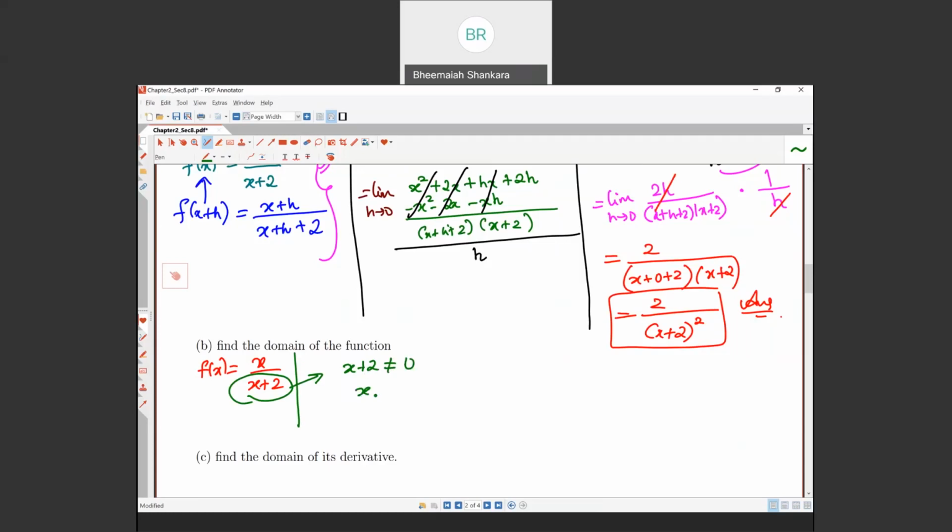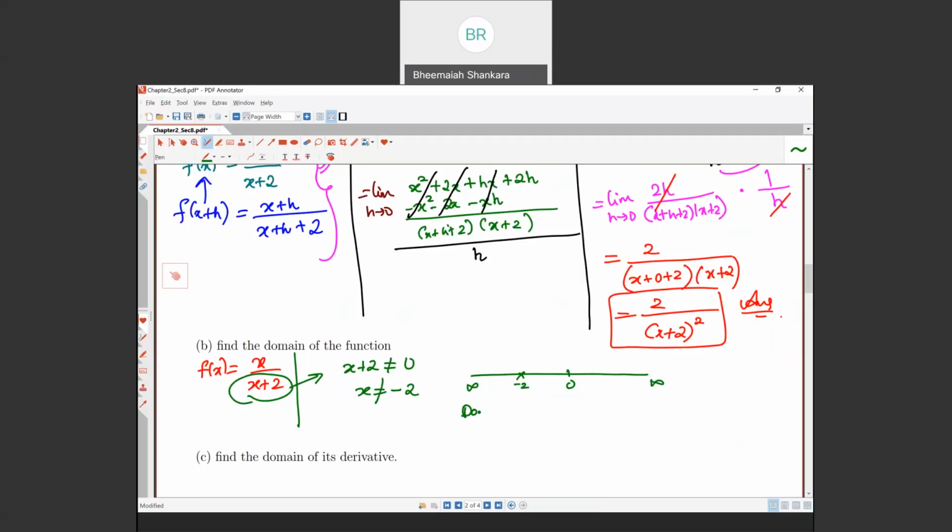Now solve for x. All you say is x cannot be equal to negative 2. So on the number line, you leave out negative 2, whereas you can consider all the other points on the number line. And you say that the domain is all the points other than negative 2.